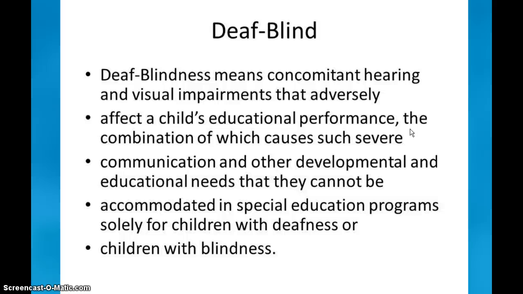If you think about this, if a child's deaf, then we use a lot of visual stimuli to teach them. If they're blind, we use a lot of auditory stimuli to teach them. If they're deaf and blind, we can't use visual or auditory stimuli to teach them. We have to use tactile means. And so it makes a completely separate category.